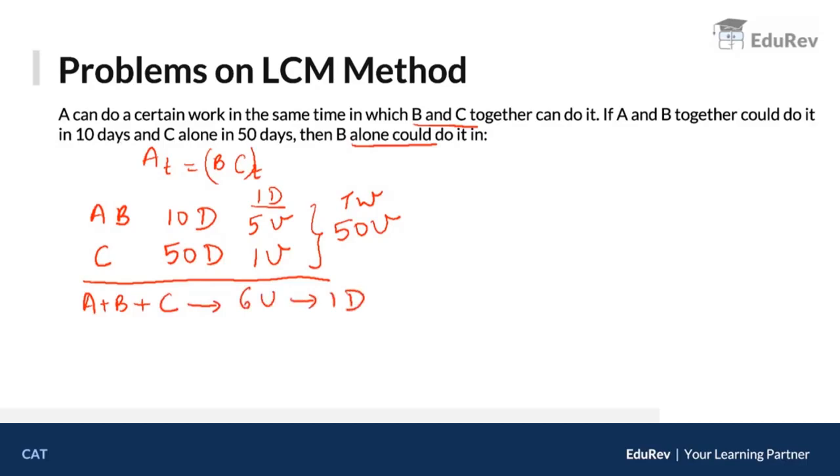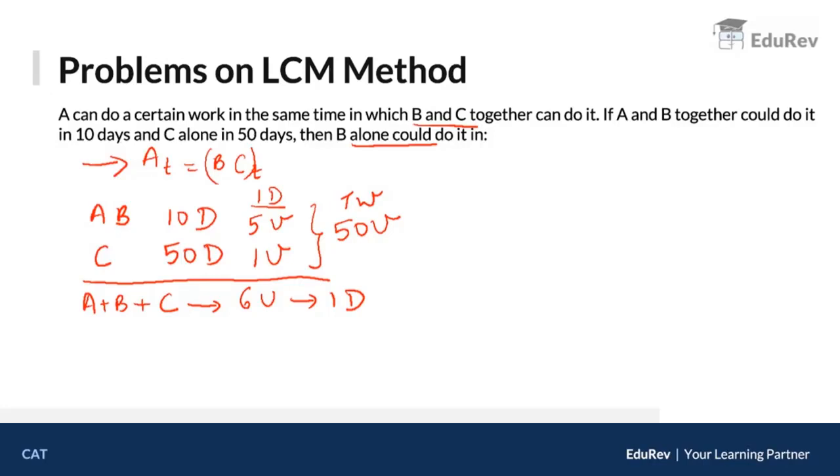But they have given a very important statement, which is this: A's time is the same as B and C's time together. So can I say, if the time is the same, the work done will also be the same?